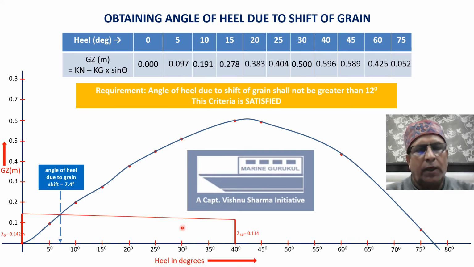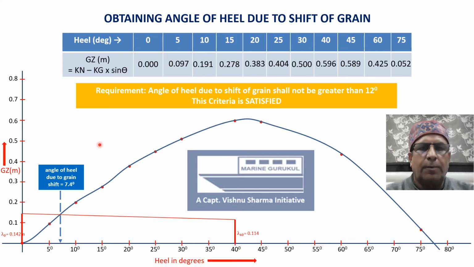Now, with a scale, a straight line will join the top of these two lines, and this red slanting line that we have obtained here is the heeling arm curve, and this one is the righting arm curve, and wherever the two intersect, they intersect here. This point of intersection, the angle of heel for this point of intersection, which is 7.4 degrees, is the angle of heel due to assumed grain shift.